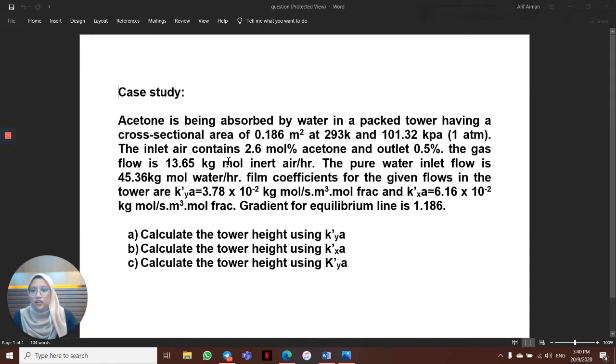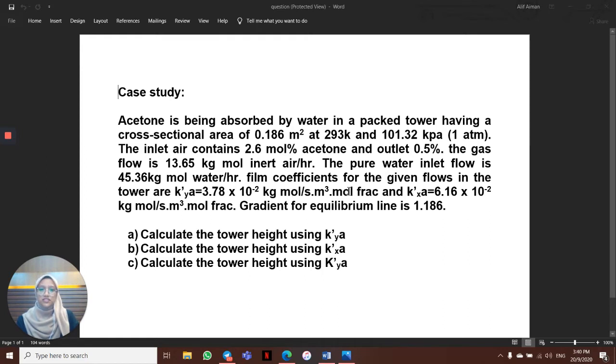The inlet air contains 2.6 mole percent acetone and the outlet 0.5%. The gas flow is 13.65 kg mole inlet air per hour. The pure water inlet flow is 45.36 kg mole water per hour.